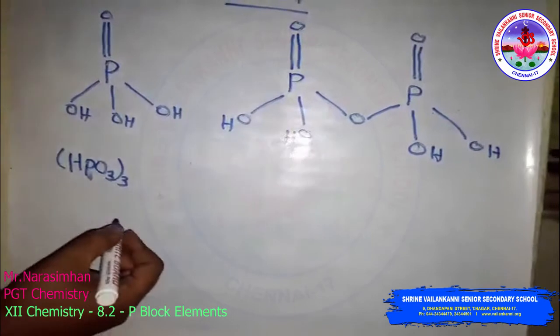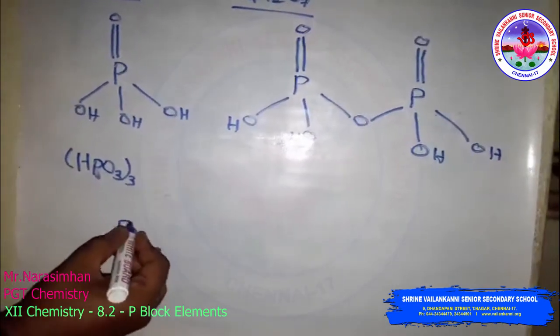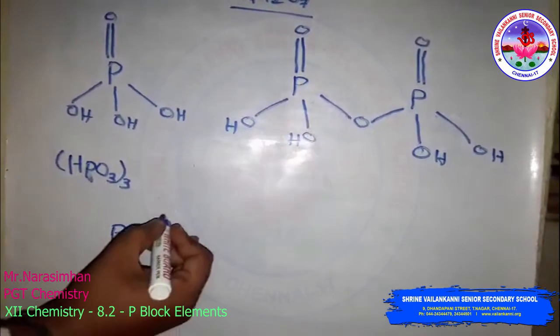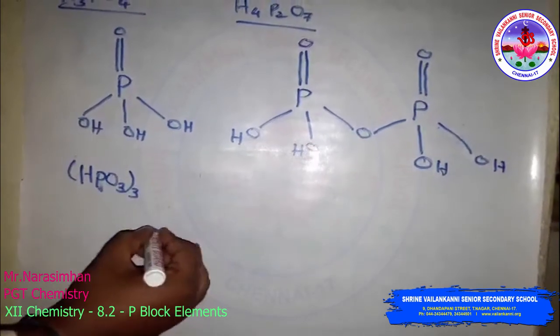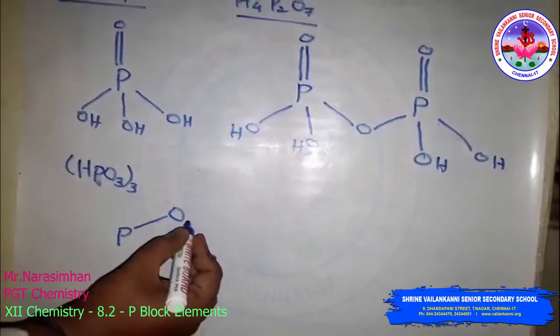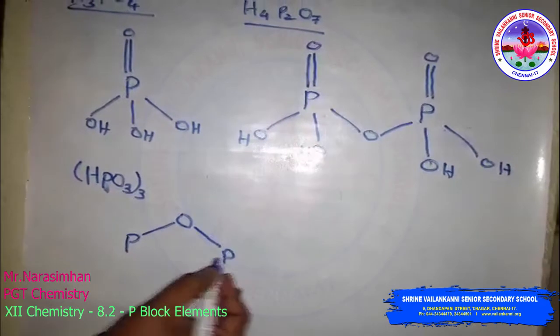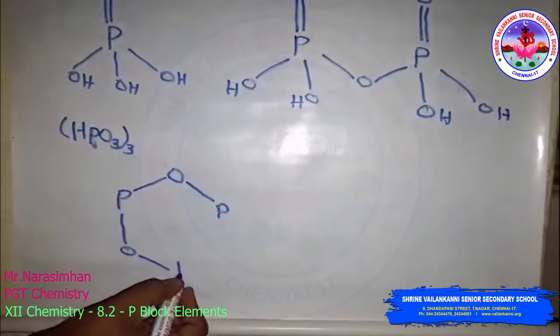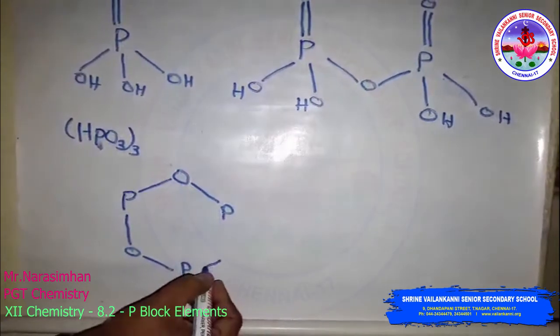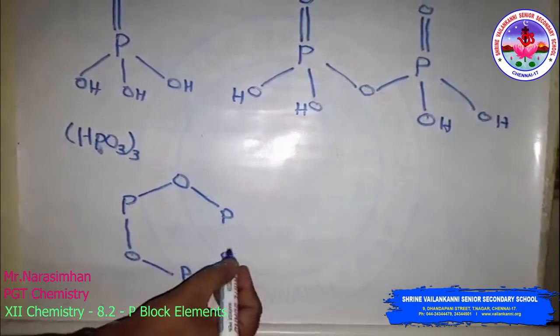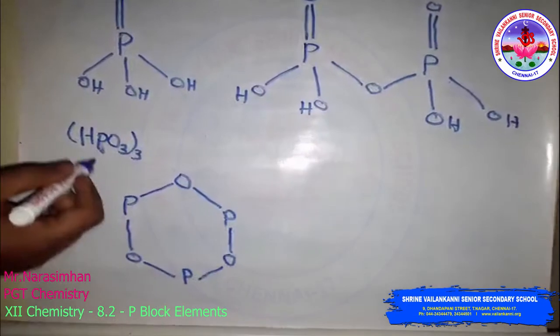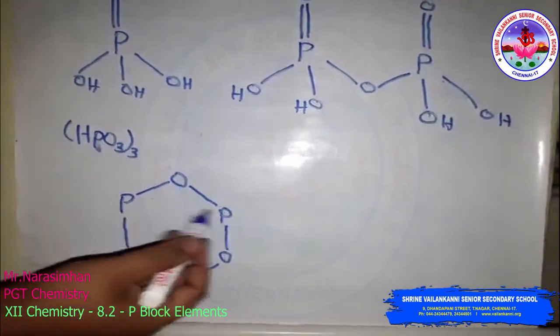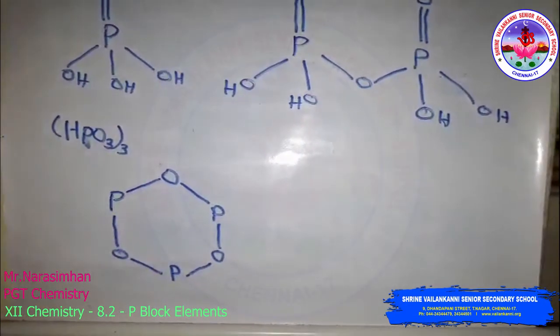So just write like this, phosphorus, just connect, looks like a benzene structure: phosphorus, oxygen, phosphorus, oxygen. How many? 3 phosphorus atoms, 3 oxygen atoms are present here.